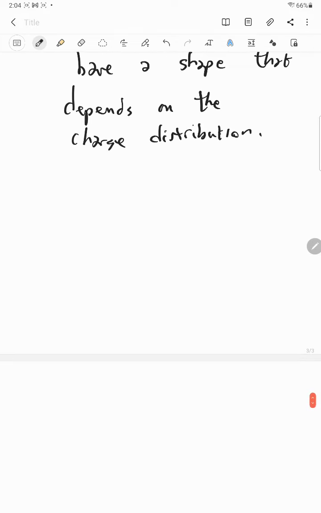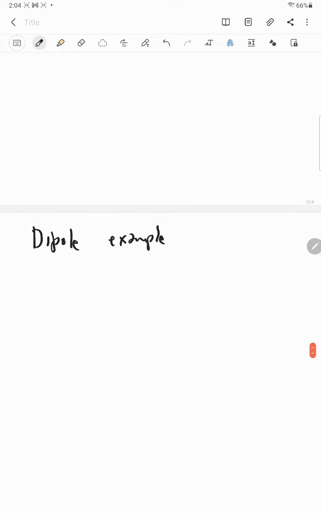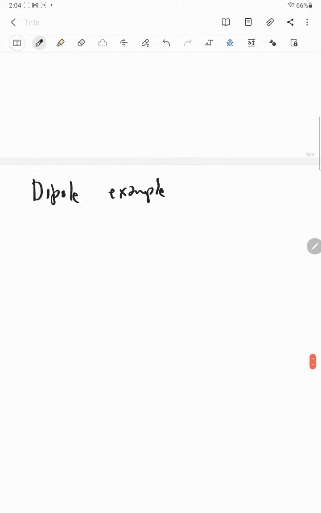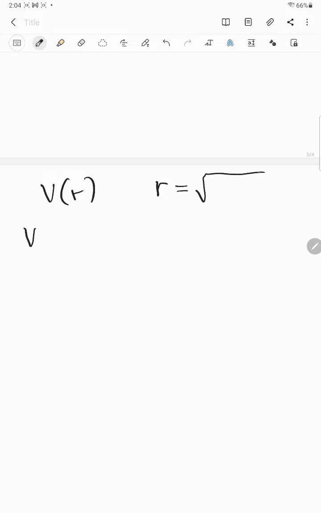So here's an example, a dipole example. Actually, before I get into the dipole example, I need to say something else. We had V of R, but let's study the potential when we write R as the square root of x squared plus y squared plus z squared.